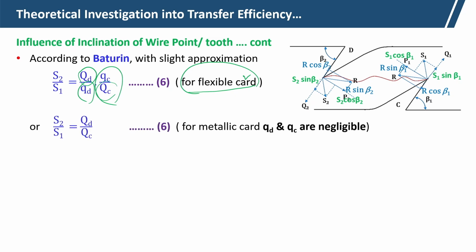So, from the equation that we have, for metallic card clothing QD and QC are negligible, because these terms are less, because fiber entrapments are less. So, for metallic clad clothing S2 by S1 depends only on the load on card.